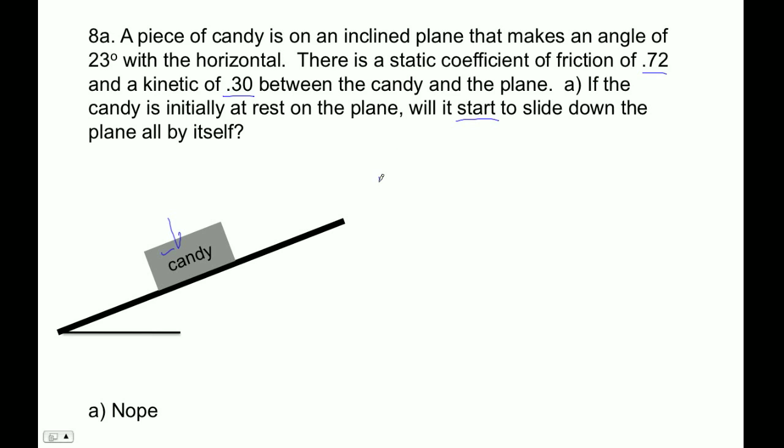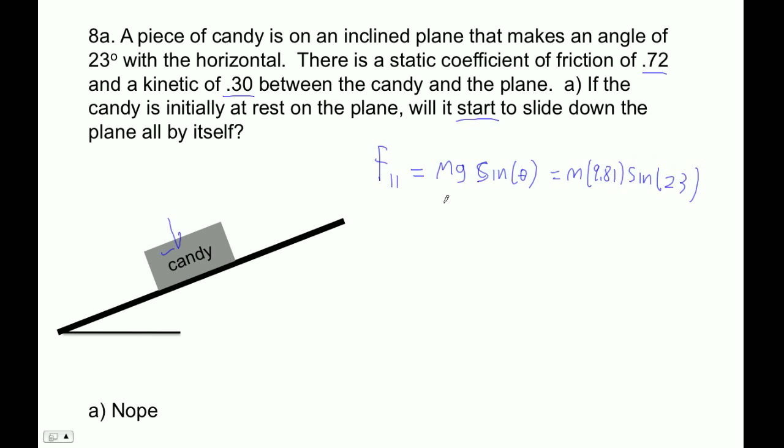Let's see. I think we do force parallel is mg sine theta, right? Okay, that's an S. mg sine theta. So we're just going to go m times 9.81 times sine of 23.